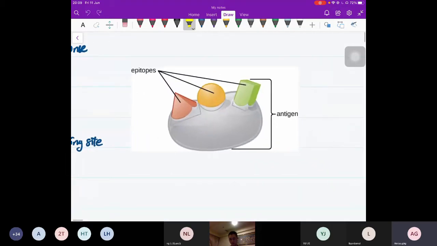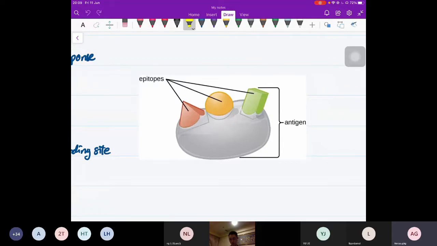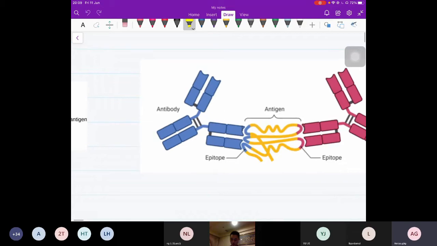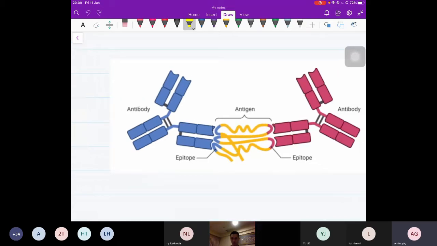This is a simplified picture of how your antigen and epitopes look. But this is not reality, because in reality, it looks like a 3D polypeptide chain, right? So this links back to your chapter on proteins. You have to understand that antigens are not blocks, but they are actually polypeptide chains.